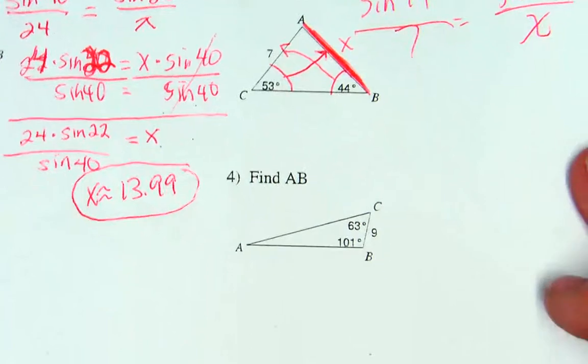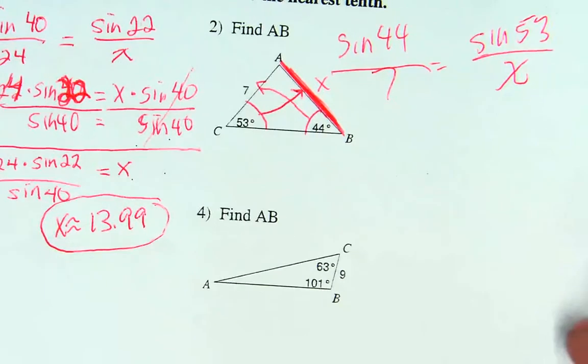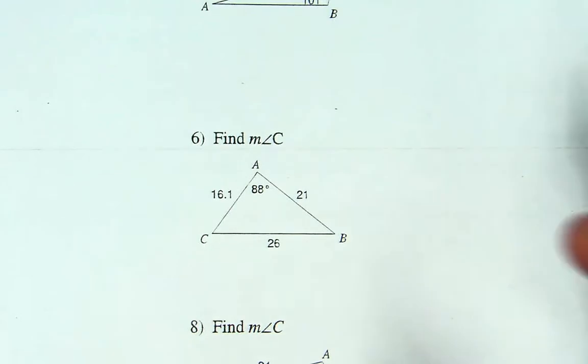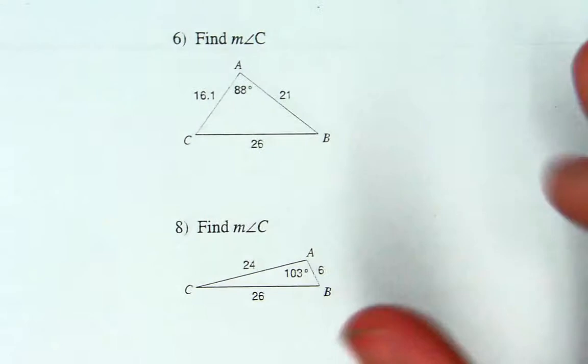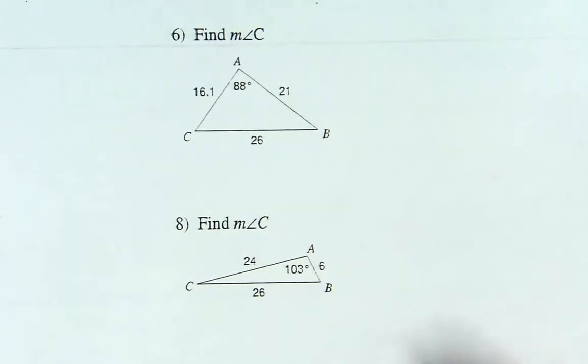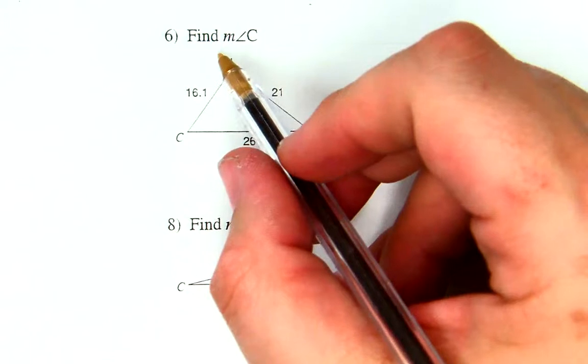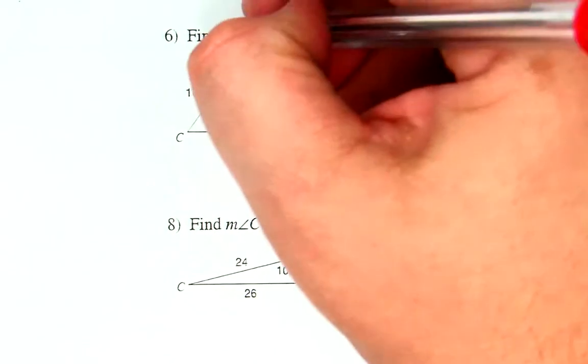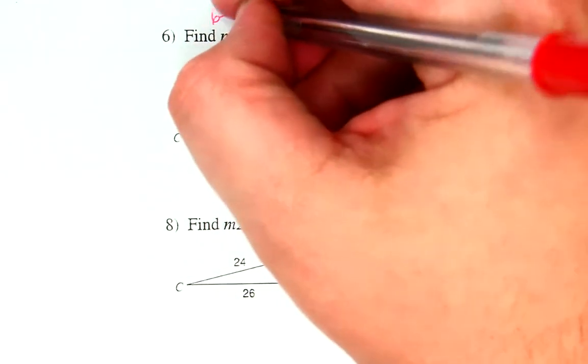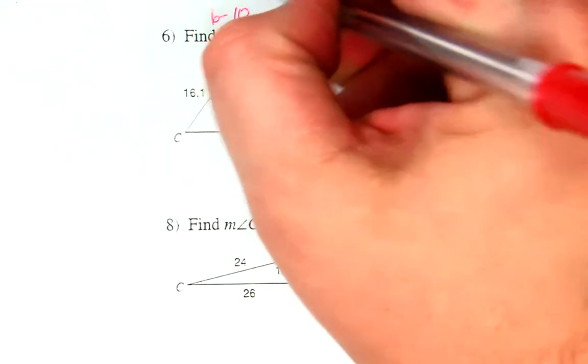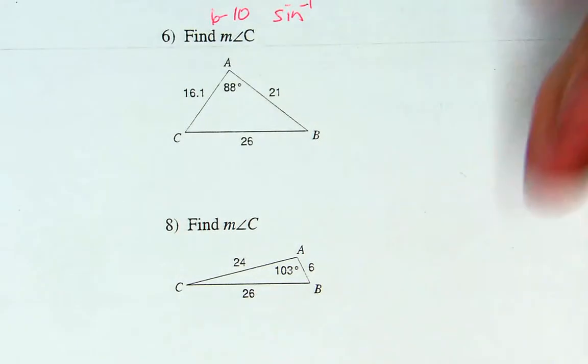Now, really quickly, because I know we don't have a ton of time, for number 6, if we're trying to find an angle, and for 6 through 10, we're going to have to use the inverse sine at the end of it.